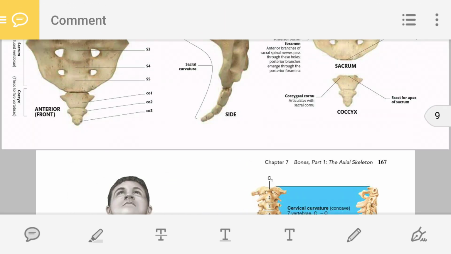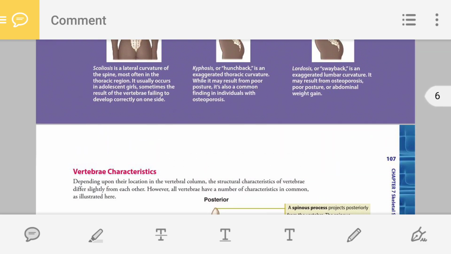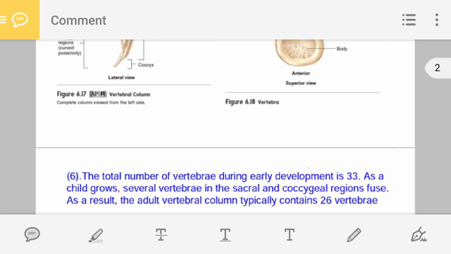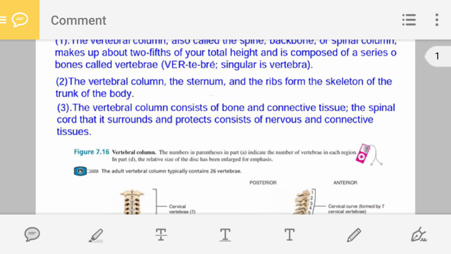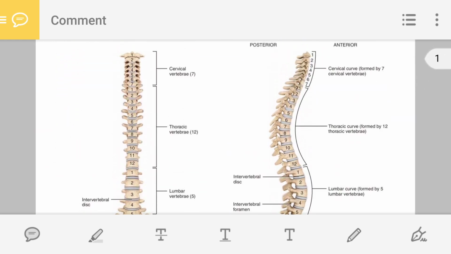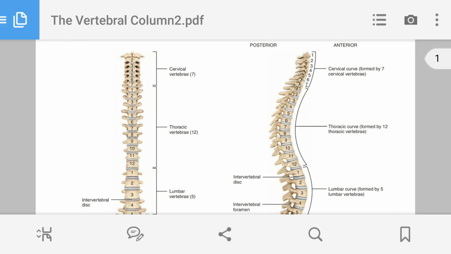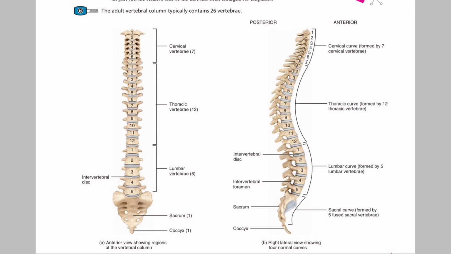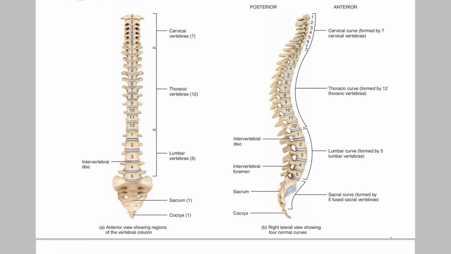Now, one by one, I will show you all the figures. Okay, the entire lecture I would like to show you. Then these are the figures, so you need to carefully observe these figures. Okay, the views, anterior view, and on the right-hand side, right lateral view.